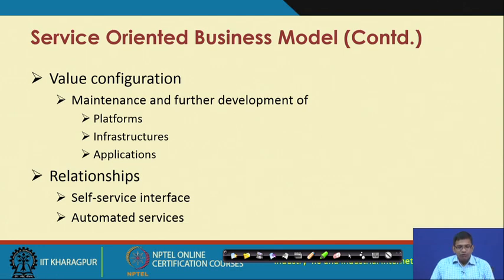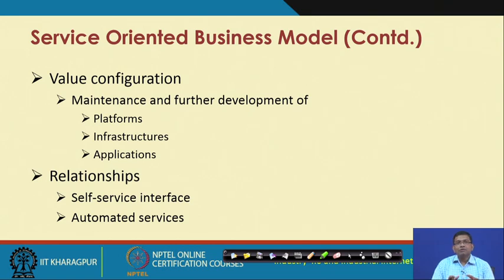With respect to value configuration, the maintenance and further development of the platforms are very crucial in this kind of business model. The infrastructure, the platforms, the applications, the maintenance of them, and not only maintenance but further development, are very important. And the relationships: self service interfaces, automated services, etc., offered to the different customers.